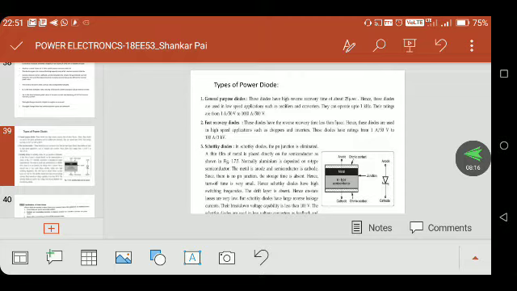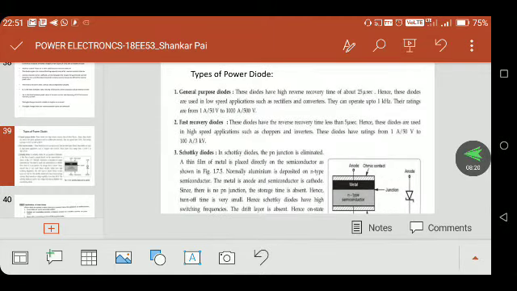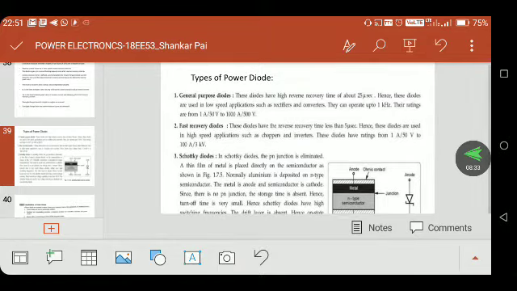Next is the types of power diode. We have three different types of power diode: general purpose diode, fast recovery diode, and Schottky diode. The general purpose diode has a high reverse recovery time, about 25 microseconds.